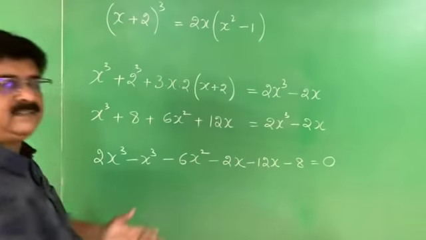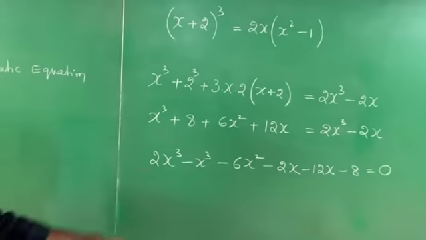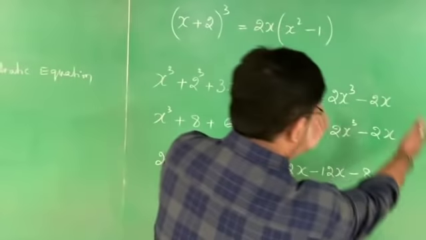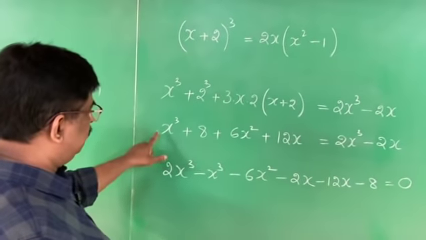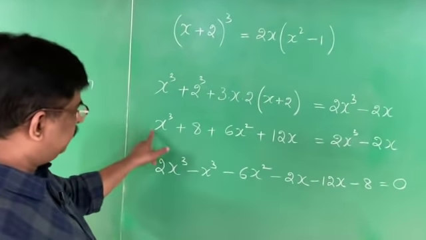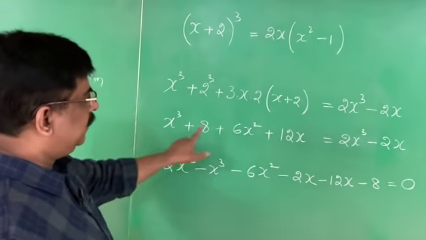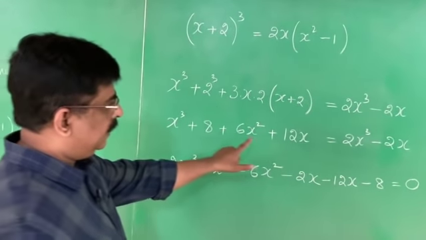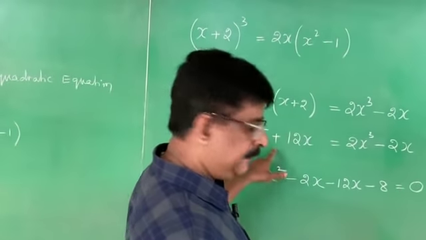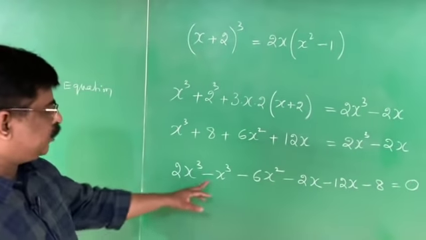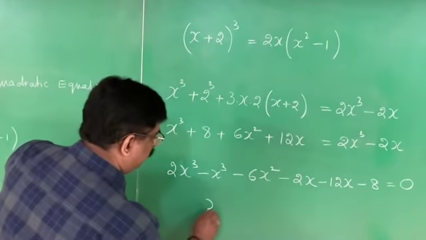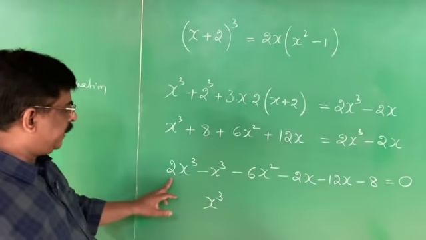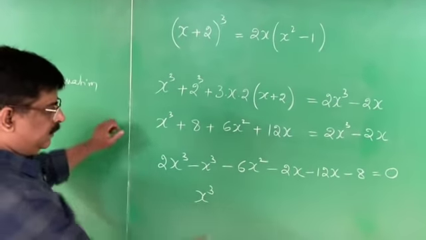One side you have to make it 0, that is the first step. Right? We transferred all these things to that side, therefore all the signs are changed. This becomes minus x cube, this becomes minus 8, this becomes minus 6x square, this became minus 12x. Now 2x cube minus x cube is x cube.